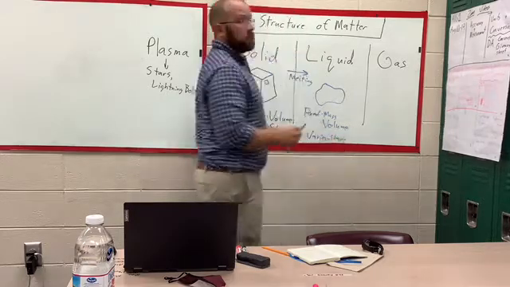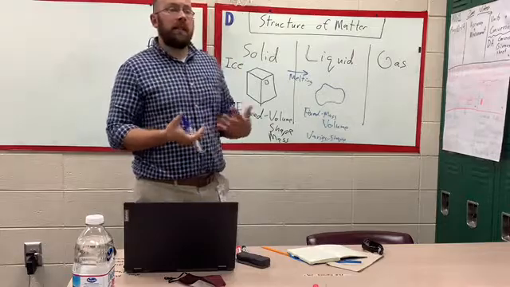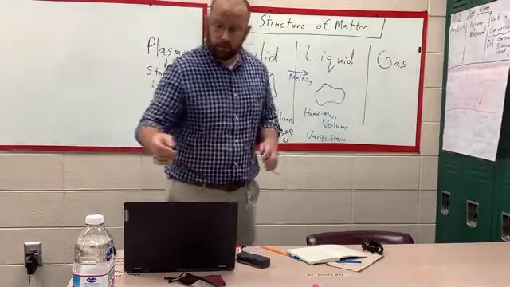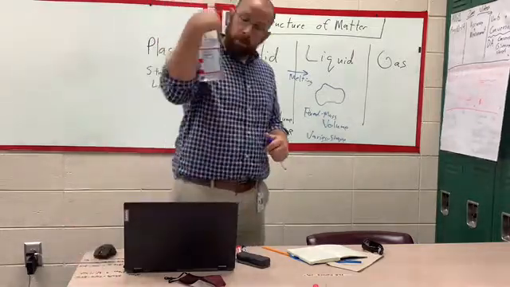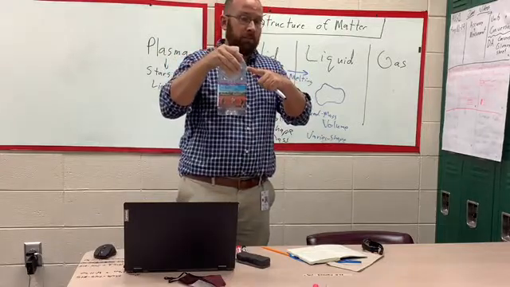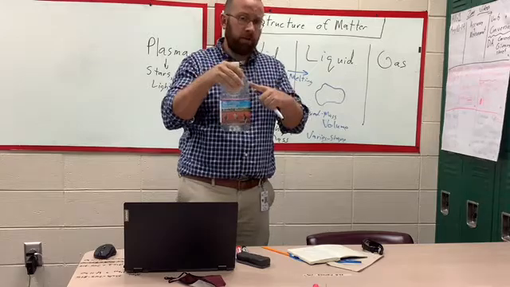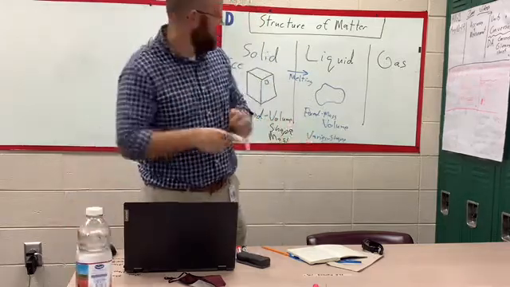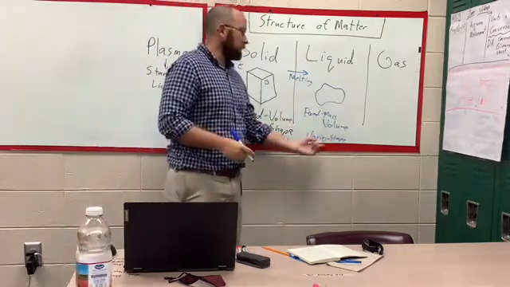And that makes sense because liquid takes the shape of whatever you put it in, such as I have my water bottle here. Do you think that water that I poured into it was that shape when I put it in? No, it takes the shape of whatever you put it in. So that's what it means when it varies shape.